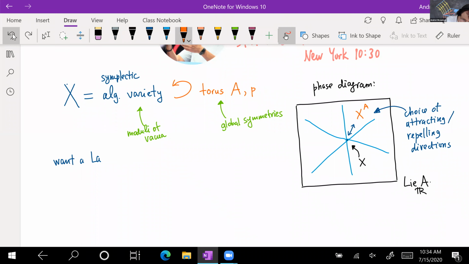And so then there is a very general problem in algebraic geometry.